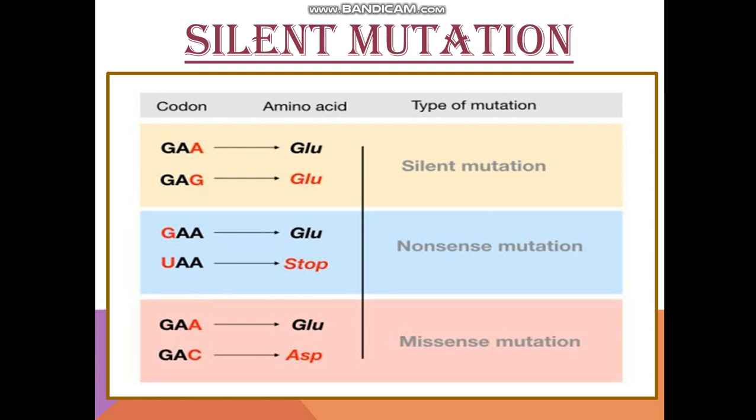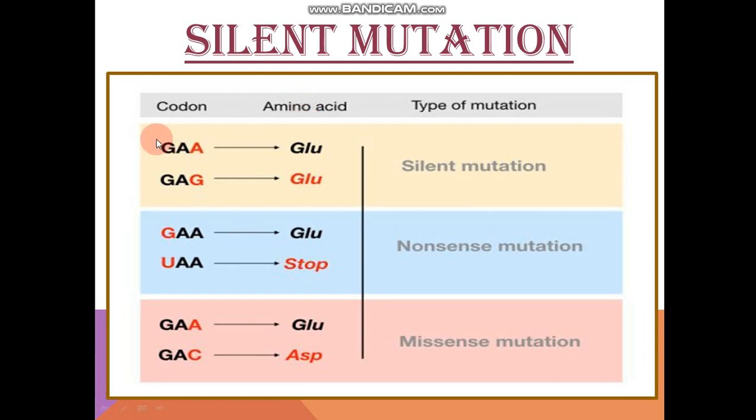That means here no amino acid will be attached, and ultimately the protein or the polypeptide chain will stop building up and the protein synthesis will stop there. Okay, so any mutation which gives rise to any one of the three stop codons, UAA, UGA or UAG, is called a nonsense mutation.